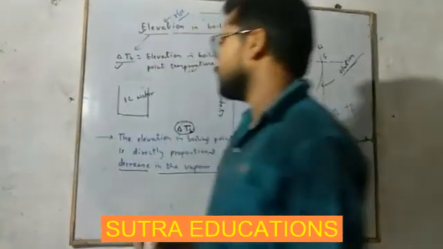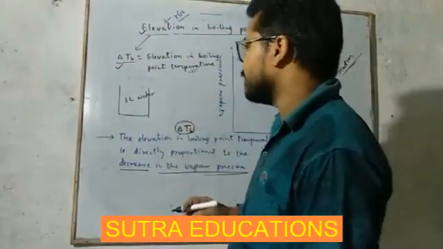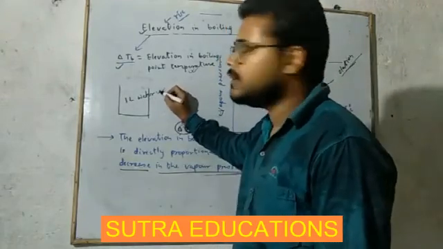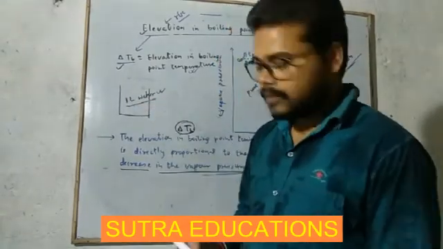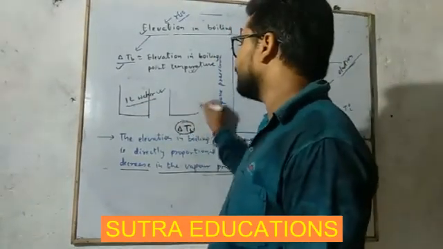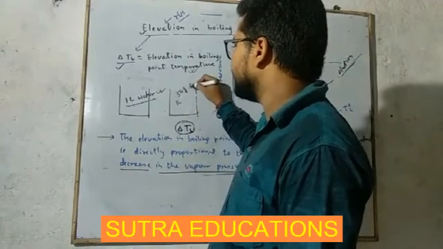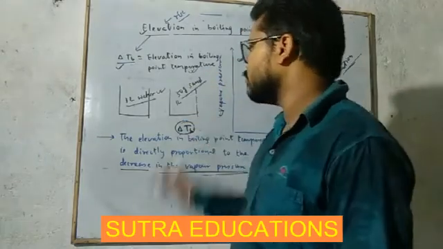When it is in pure form, the vapor formed by 1 liter water will be more. Now we are going to add 50 gram sand particles in 1 liter of water.